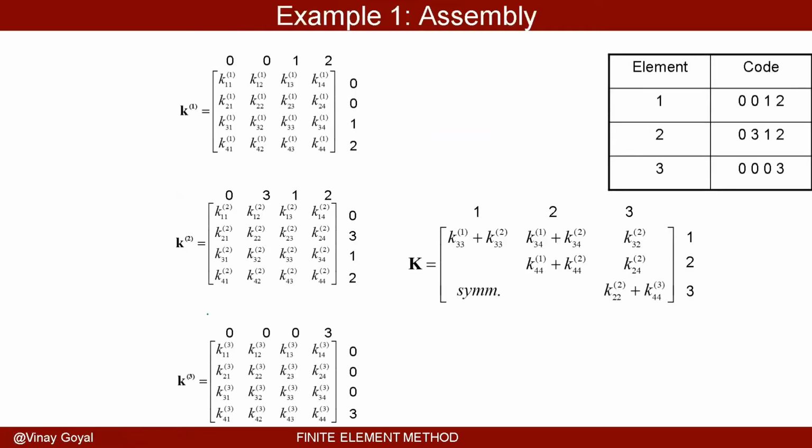So now that we have that, we can assemble. How do we do that? For element 1, I have these code numbers that I can write down, and you can see that the code numbers are given here. For element 2, I have these that came from here. For element 3, I have these code numbers that come from here.